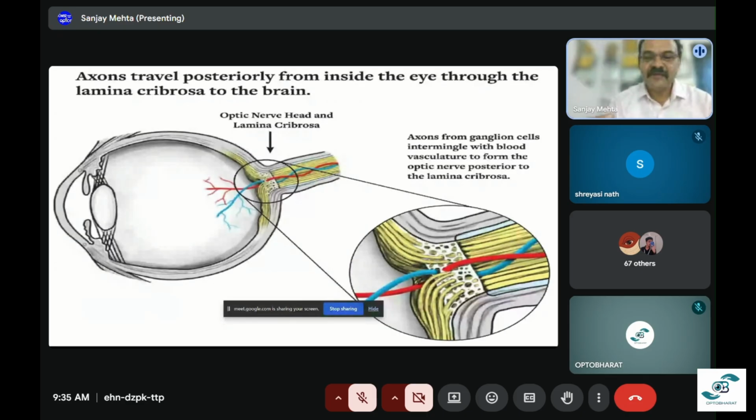It is almost like that. It allows all the nerve fiber layers and the retinal vasculature to pass through. This is a very important part. Whenever I do any observation, you will come to know. I'll show you again afterwards.